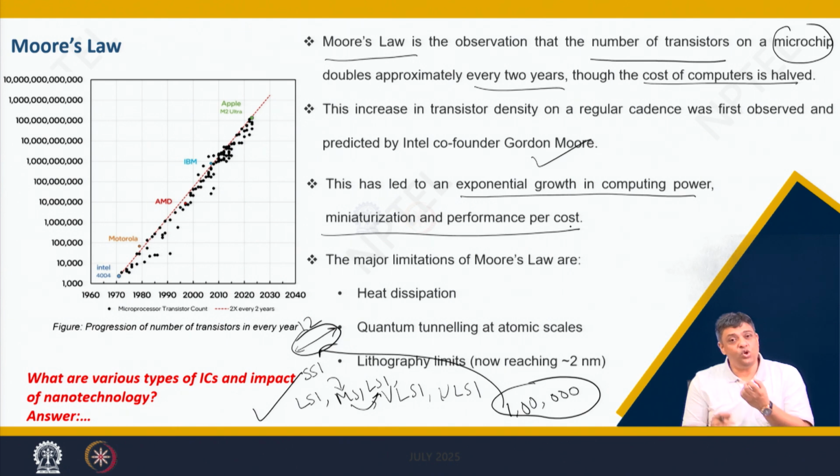Why? Because you are now getting the capacity to integrate so many components in a small size chip that can give you such high functionalities. And that is where the importance of nanotechnology is being transferred to nearly everybody in and around us in one way or the other.